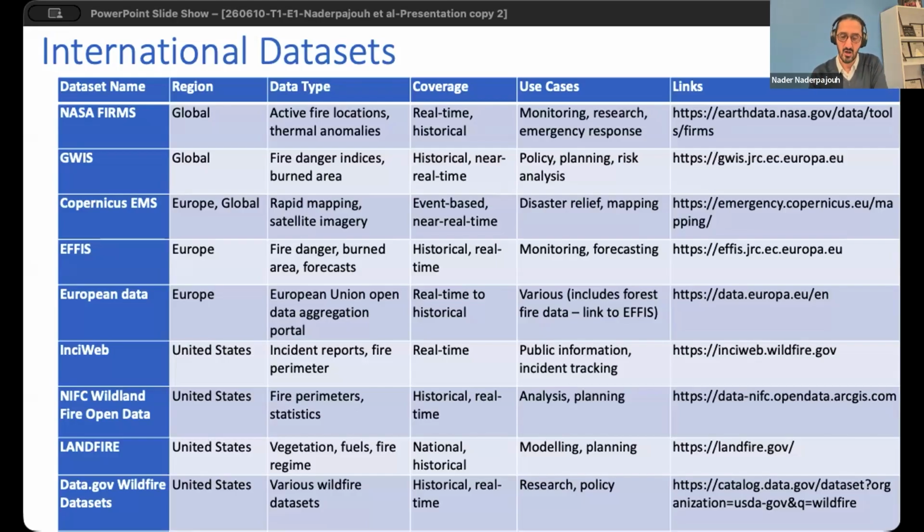I touched on them, but you can see that they provide different incident tracking, different analysis and planning and modeling purposes. It comes from NASA, GWIS, Copernicus EMS in Europe, which also provides global data.